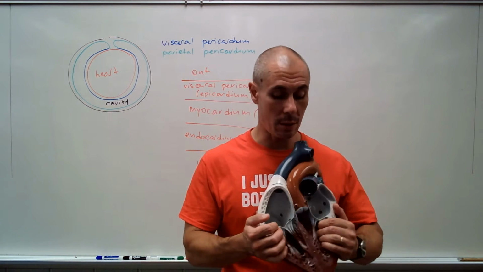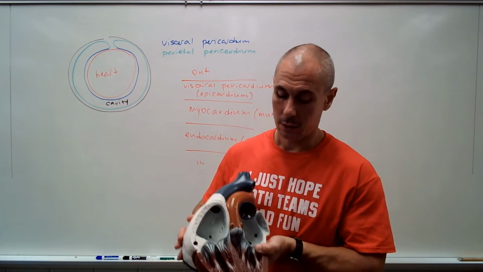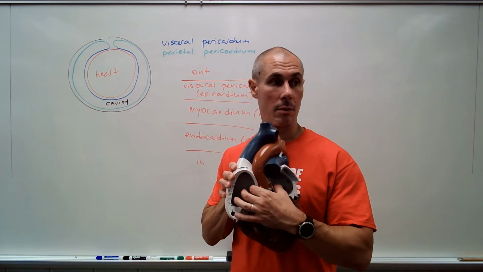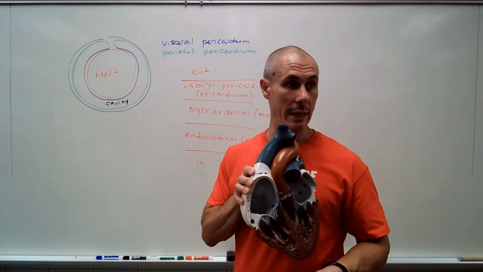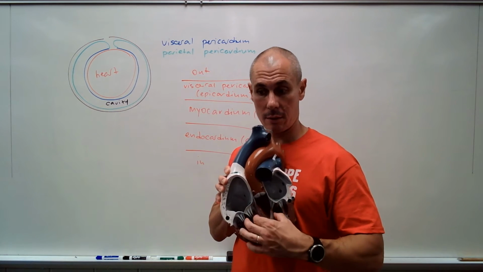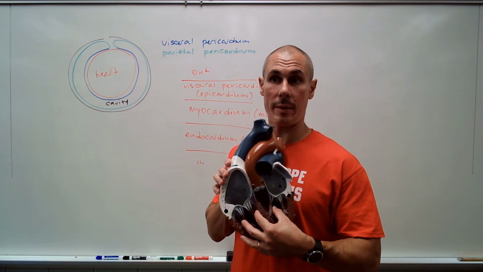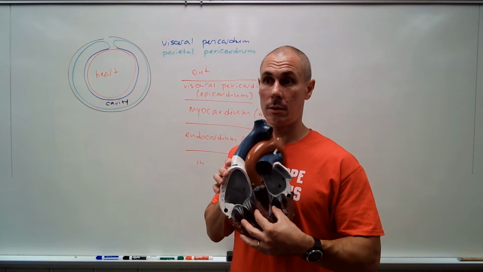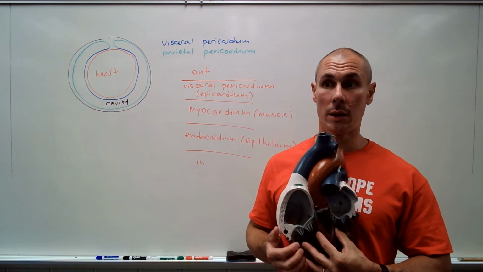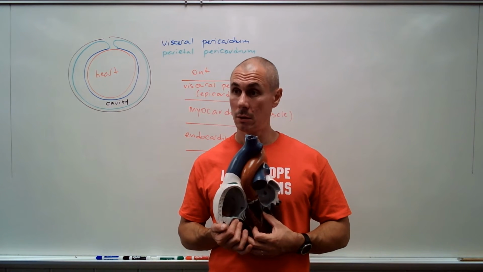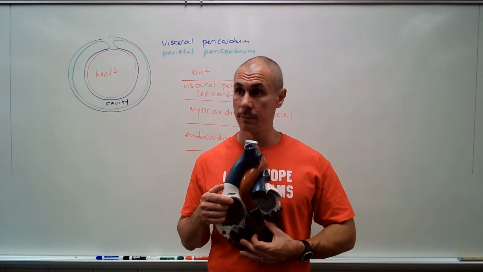Atria and ventricles are separated by septa. So this wall right here is interatrial septum, and this is interventricular septum. Does that make sense? So septum in Latin, I think, means a wall. Okay? So far we good?